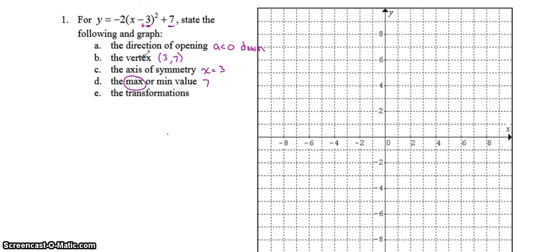Lastly, the transformations. The negative makes the graph reflect over the x-axis. The 2 is the a value, and that will be a vertical stretch by a factor of 2.